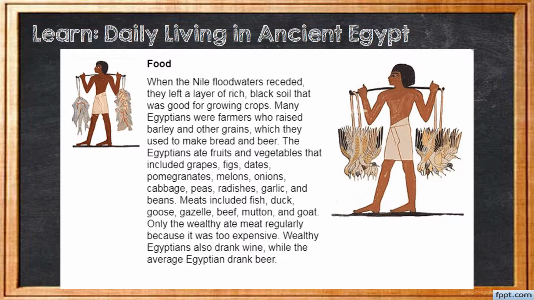The Egyptians ate fruits and vegetables, and that included grapes, figs, dates, pomegranates, melons, onions, cabbage, peas, radishes, garlic, and beans. Meats would include fish, duck, goose, gazelle, beef, mutton, and goat. Only the wealthy were able to eat meat regularly because otherwise it was too expensive. The wealthy Egyptians drank wine, while the average Egyptian would drink beer.